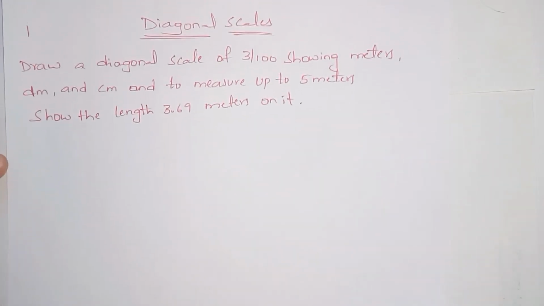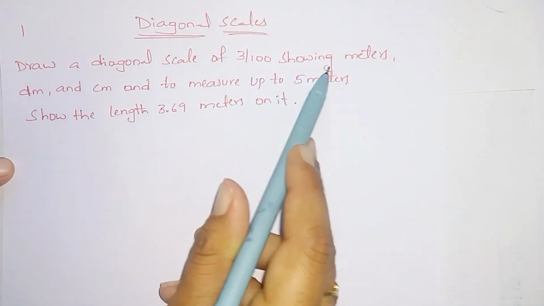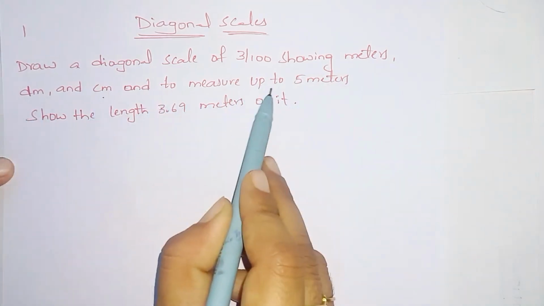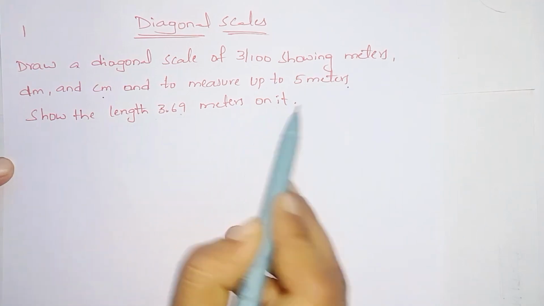So we have to construct a scale. This is the question: draw a diagonal scale of 3 by 100 showing meters, decimeters and centimeters, and to measure up to 5 meters. Show the length of 3.69 meters on it.